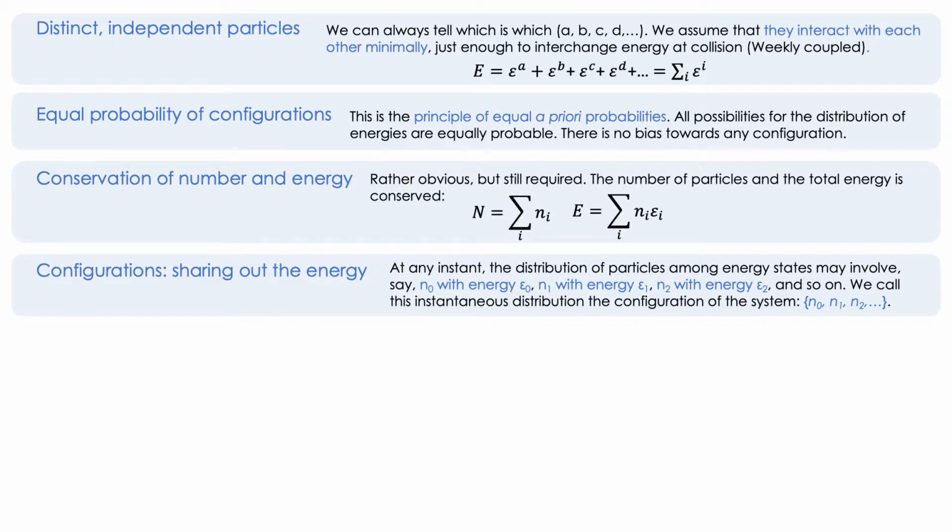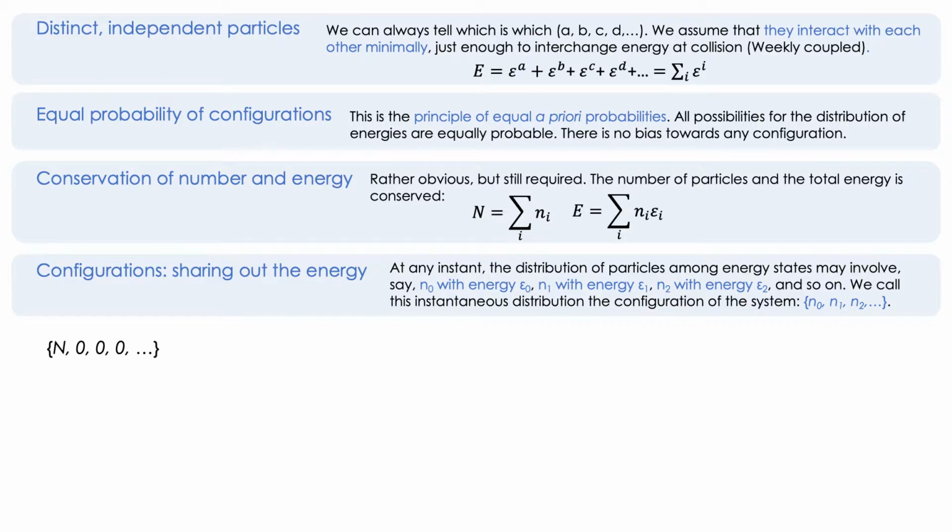We call this instantaneous distribution the configuration of the system, such that we use this notation in which n sub 0, n sub 1, and n sub 2 gives the population that we have in each of these energy levels. Let's explain this a bit further.